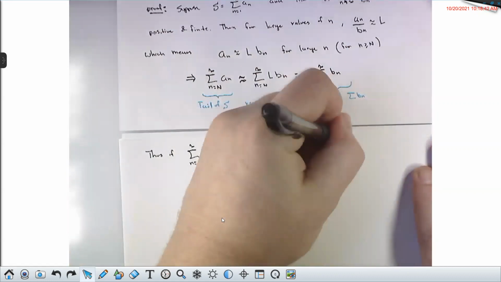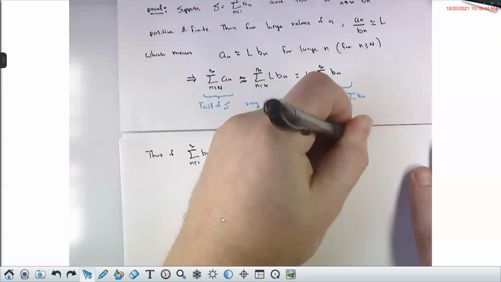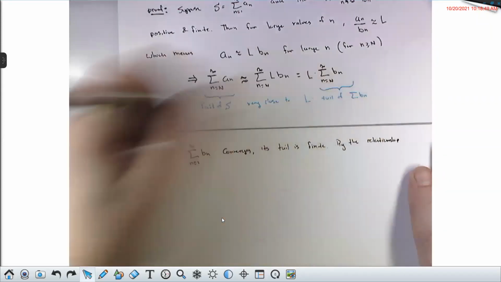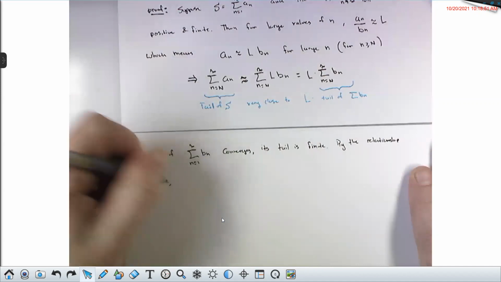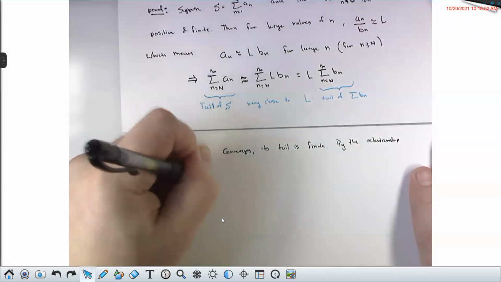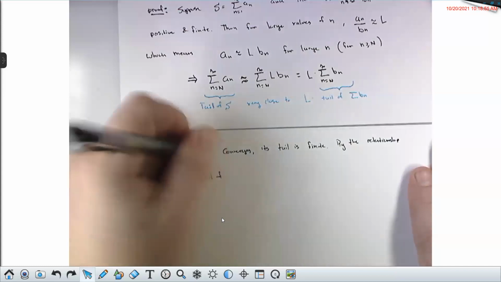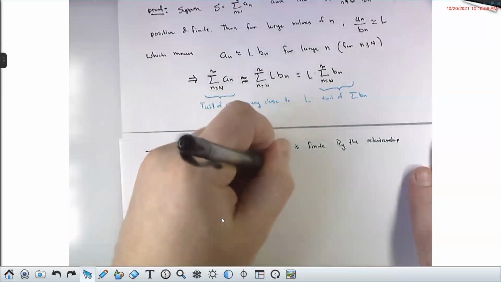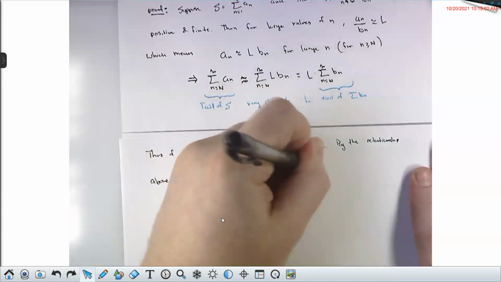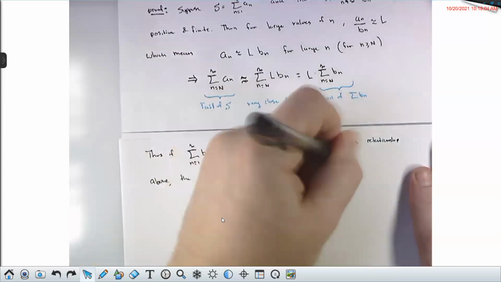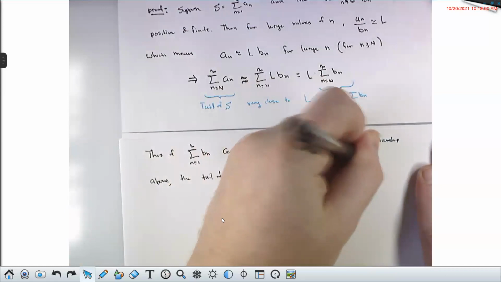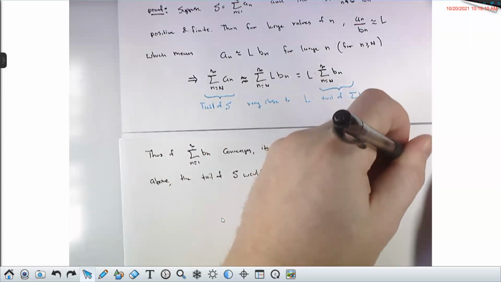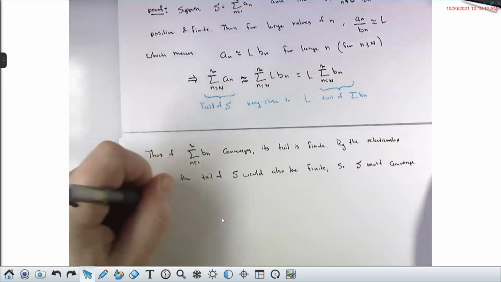By the relation above, the tail of S would also be finite. So S would converge also.